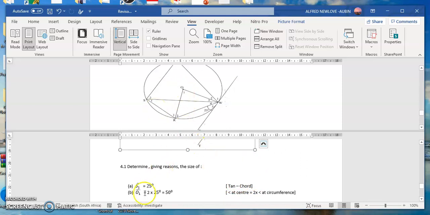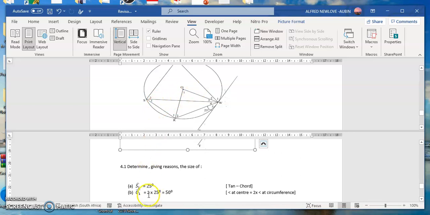Then the next question is, they want us to find O1. This is O1. Now if you check, this is the angle at the center and this is the angle at the circumference, subtended by the same arc. So the angle at the center is equal to 2 times the angle at the circumference.